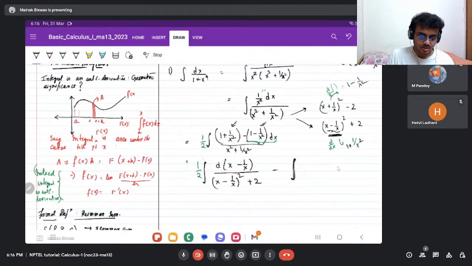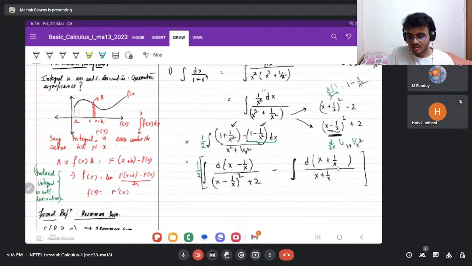So what will the second integral be, what will be the d of something? This is d of x plus 1 by x, and in the denominator I can also put x plus 1 by x whole squared minus 2. Now you can integrate it, right?